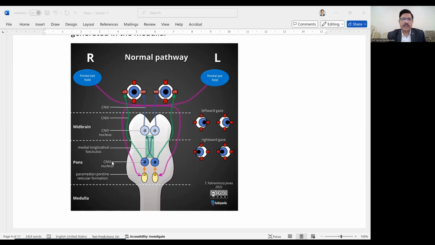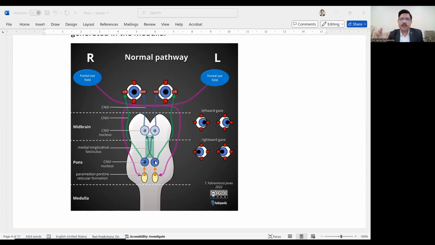Okay, the sixth nerve nucleus is here, and the paramedian pontine reticular formation. Just now we have seen that the PPRF coordinates with this sixth nerve nucleus for horizontal gaze. So the third nerve, sixth nerve, medial longitudinal fasciculus, and paramedian pontine reticular formation together control the movements of the eye, horizontal and vertical gaze.